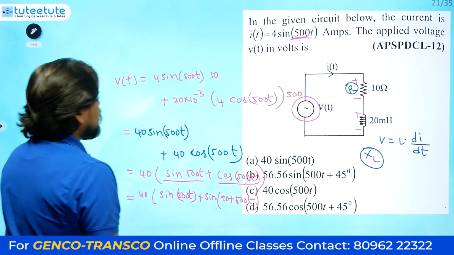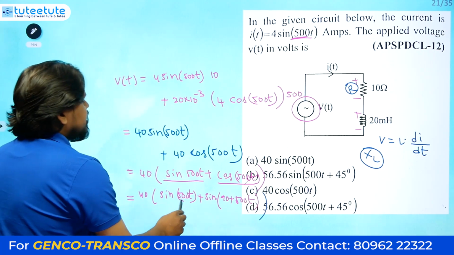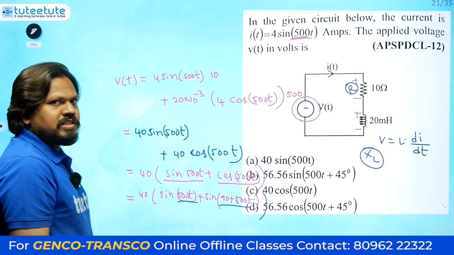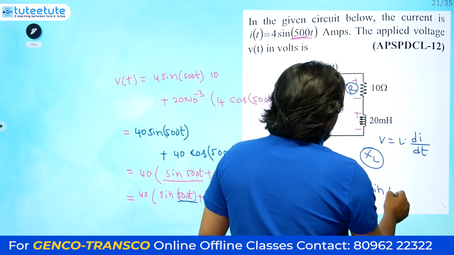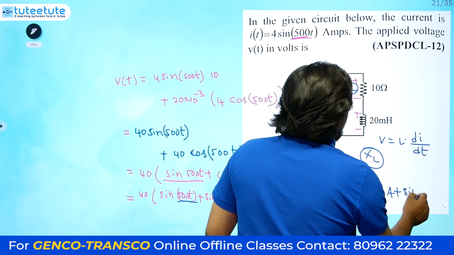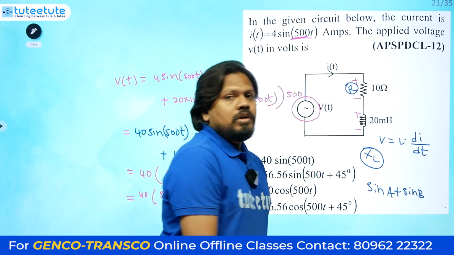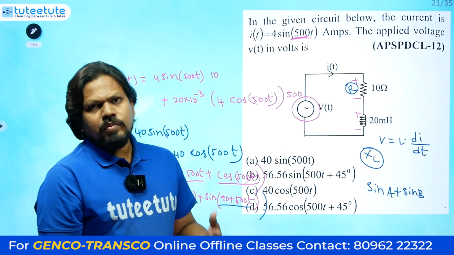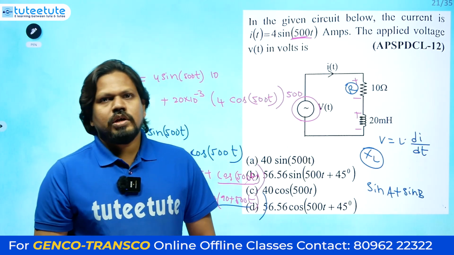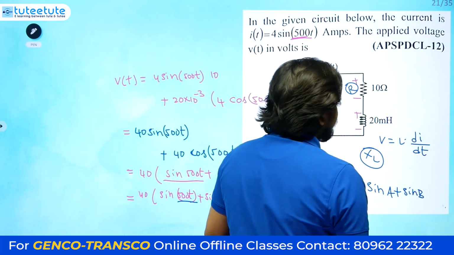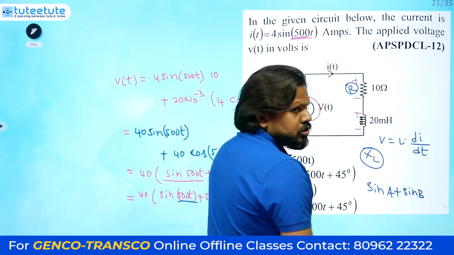These are the two terms, so this is now sin a plus sin b. You have to know all these things: sin a plus sin b, cos a plus cos b, sin a minus sin b, cos a minus cos b, sin 2a, cos 2a, sin a plus b, cos a plus b. These are the things you need to understand.